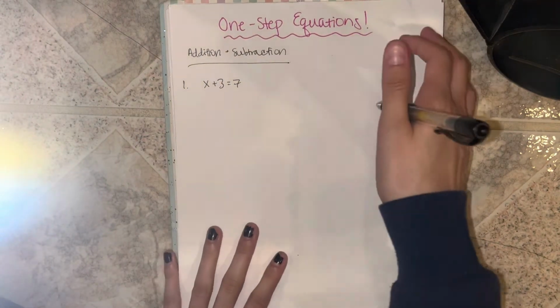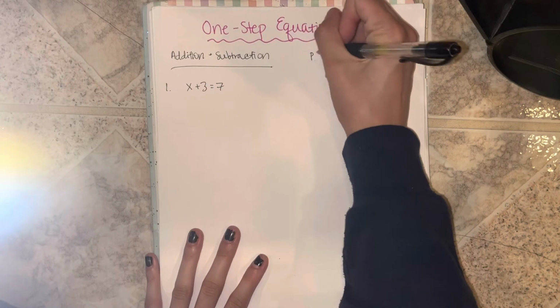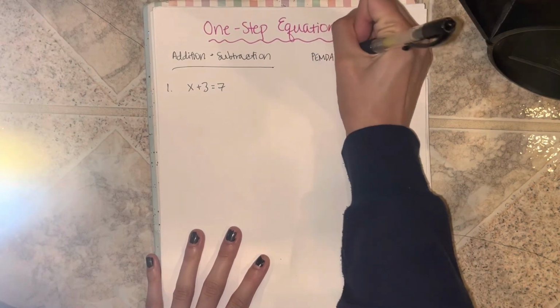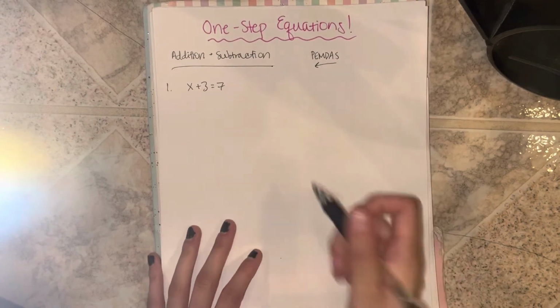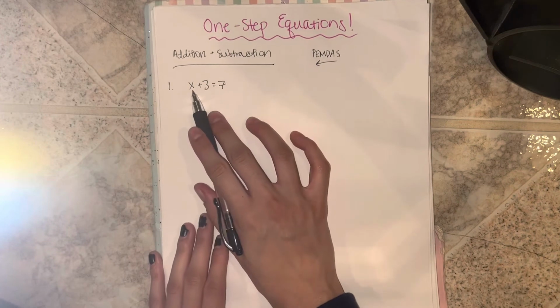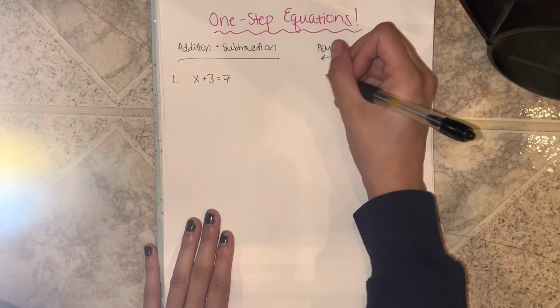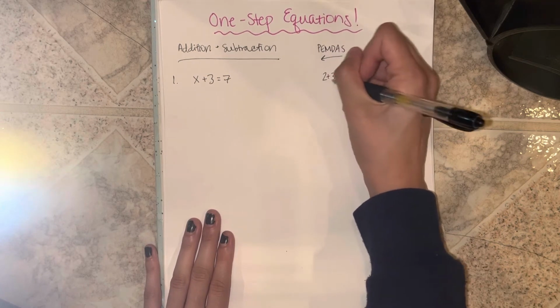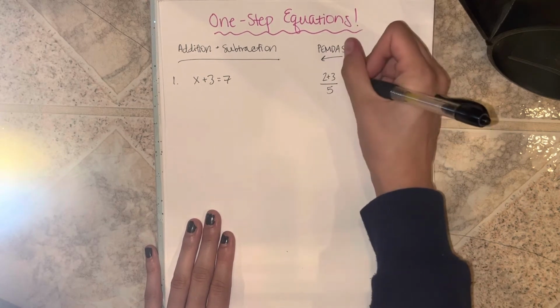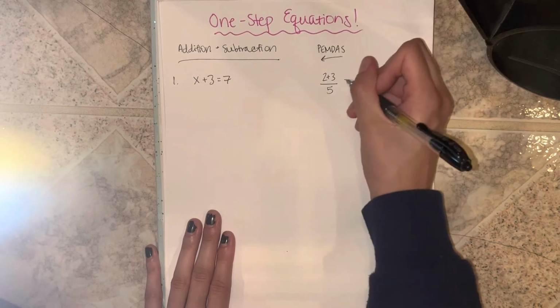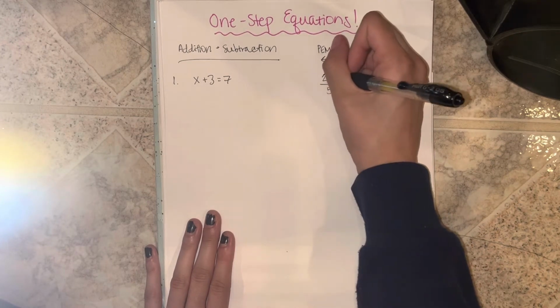So when we do stuff like this, what we're doing is we're working through PEMDAS backwards to solve for this number. Because let's say we just have an equation where we're like 2 plus 3 divided by 5, right? And so we know this is 1. Well, let's say we didn't know what this number was.